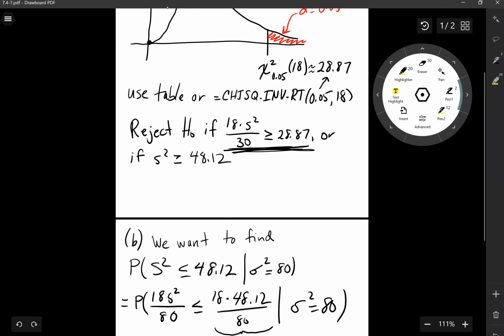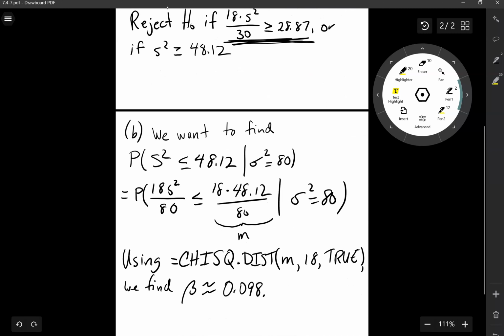So looking at that, to figure out what beta is, we reject if the s squared is greater than the 48.12. So really what we want to find is the probability that the s squared is less than the 48.12, given that the variance really is 80.